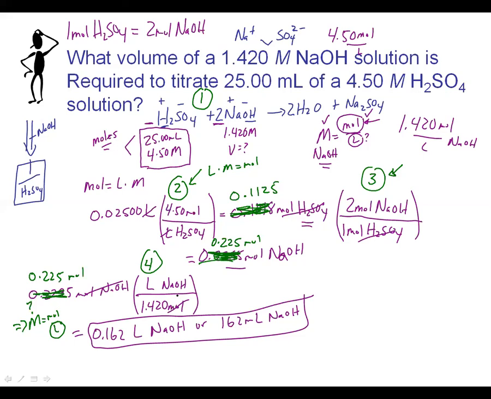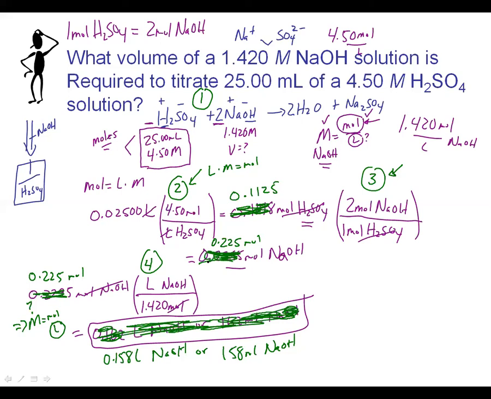And lastly here, I guess it helps to look at the calculator correctly. 1.420. So about 158, thank you. 0.158 liters. Sorry about that. 158 milliliters of sodium hydroxide. Thank you very much for letting me know. I'll say I did that on purpose, just making sure you're listening out there.